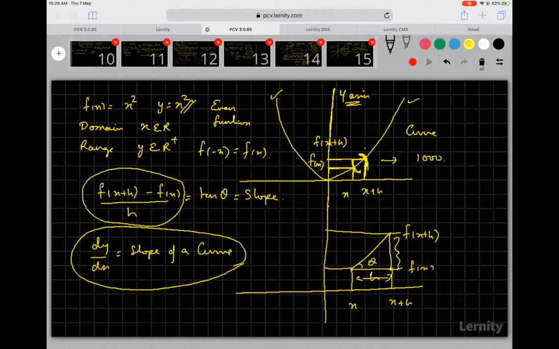Yeah. So when we differentiate, this is what we are trying to do. Okay. So I am done with today's class.